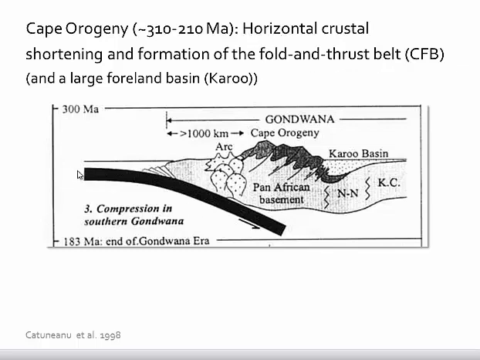We see here the subduction of oceanic lithosphere. We will see this is the so-called Panthalassa Ocean that is undergoing subduction underneath the southern Gondwana margin. And from where we are now in this region to the continental margin, probably a large belt of maybe 1,000 kilometers width that we don't know today.